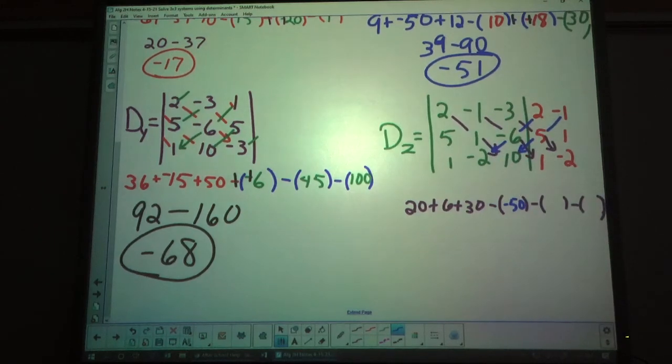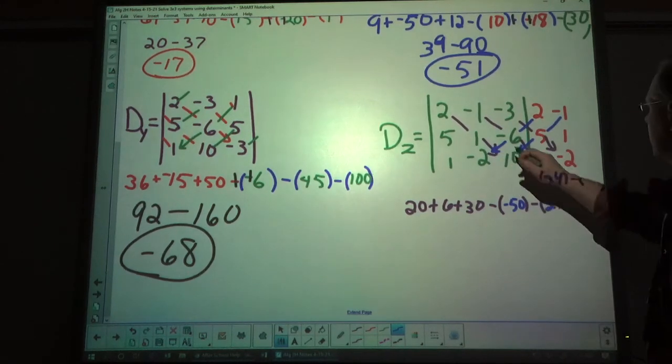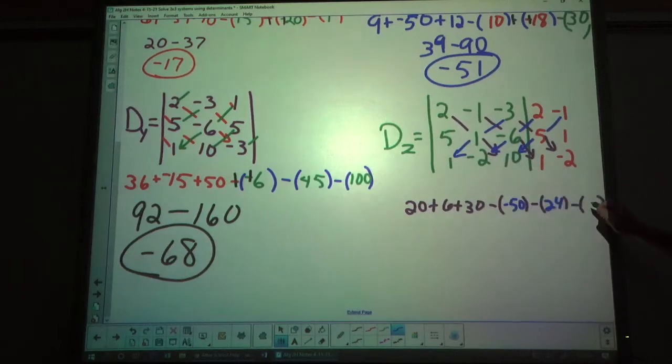Let's see, 24. Negative 3. Let's check. 20. 6. 30. Negative 50. Positive 24, negative 3, yes.